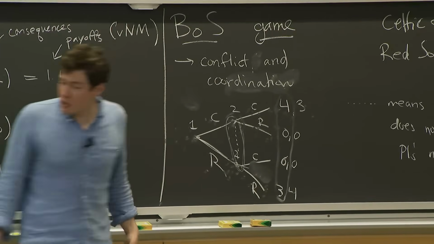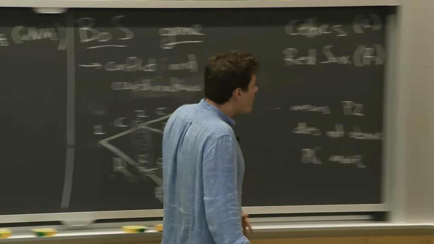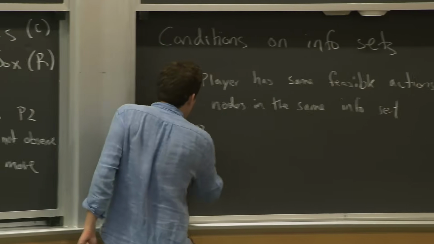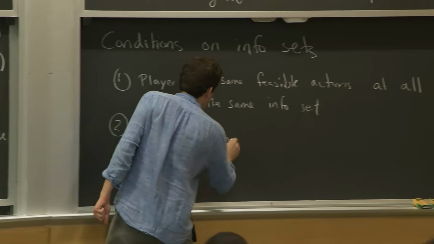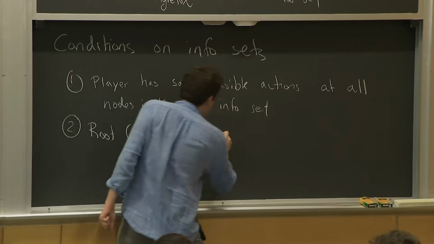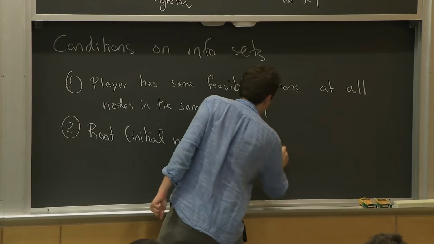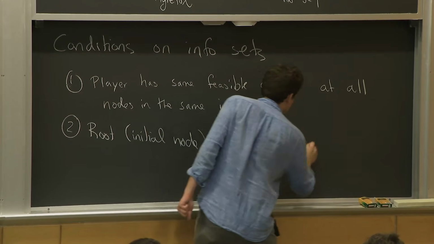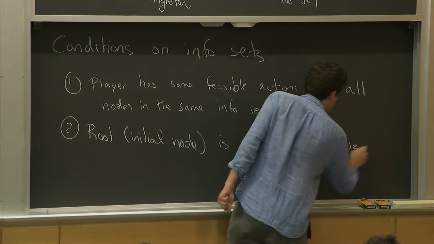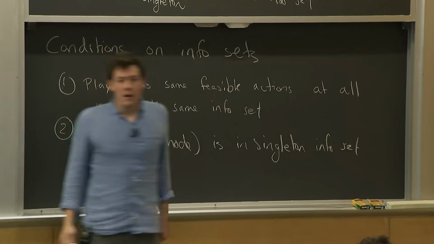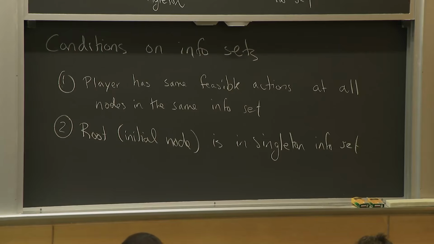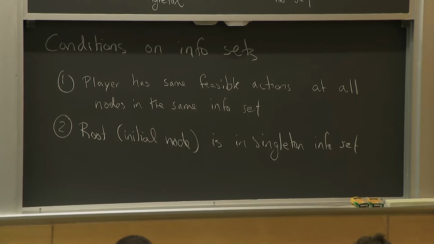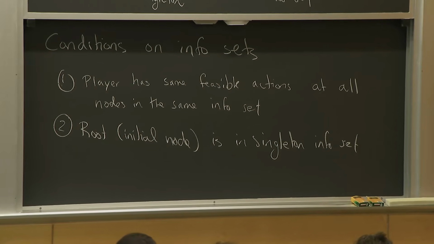And then there's one more restriction that we put on, and we say that the root, remember this is the initial node, is in a singleton information set. The idea would be if we don't know where the game starts, and we don't know where we are, then there must be some prior move that we didn't observe, and we should model that explicitly.